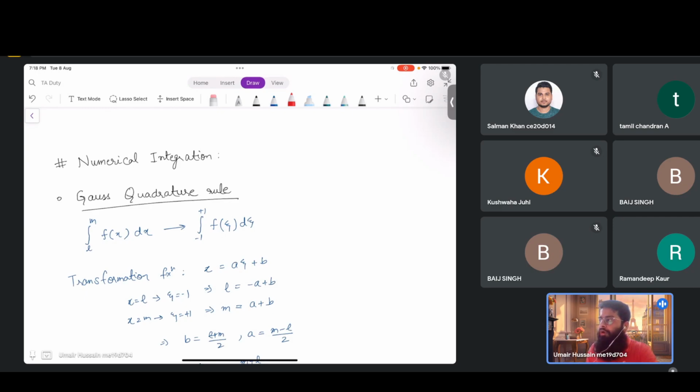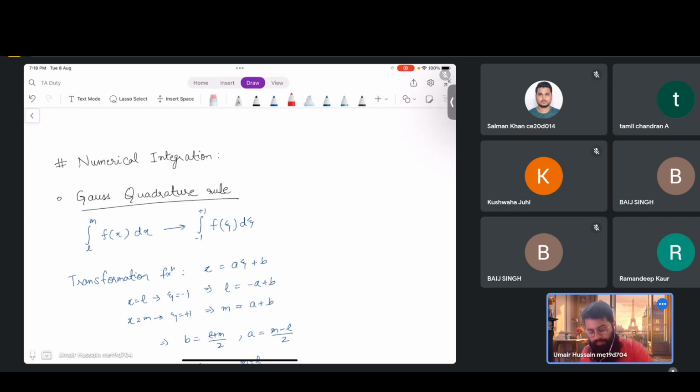In order to solve those integrals, we need a numerical integration scheme. Gauss quadrature rule is one of the most used numerical integration schemes. There is one more, the Newton-Cotes rule, but as far as I know that is very rarely used in most FEM software. I think Gauss quadrature is the most used.